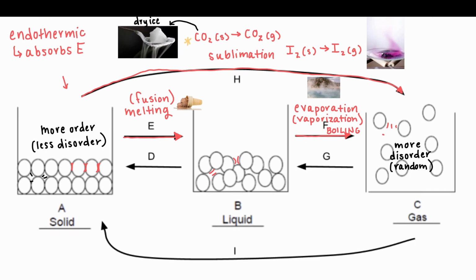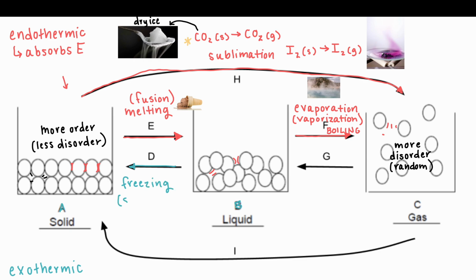Now, how about exothermic? Okay, so I'm going to do this one in blue now. So let's start here at D. So as we go from a liquid to a solid, this is freezing.